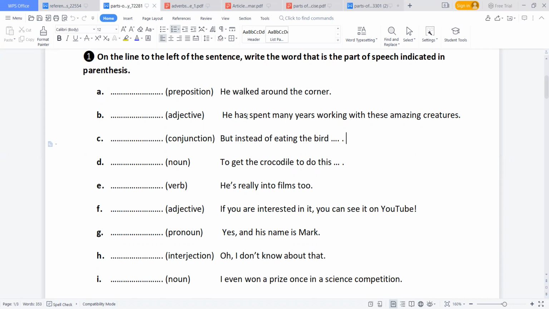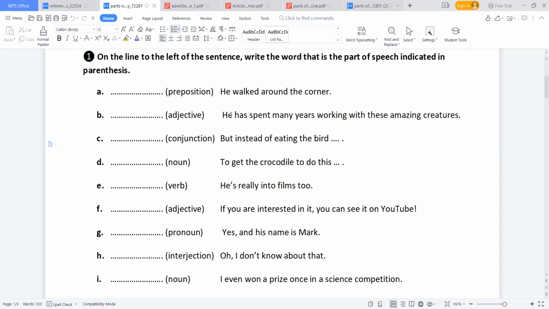For finding the adjectives, firstly you have to look at the nouns. Let me know what the nouns are. Name, person, and things.